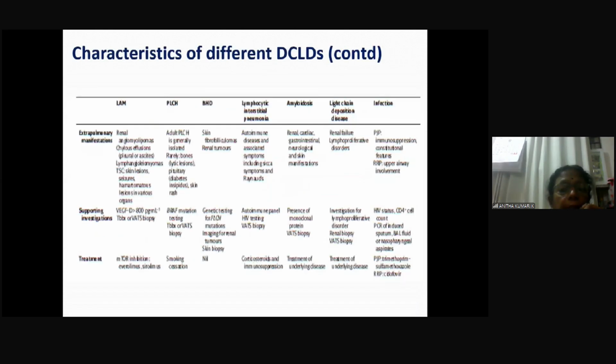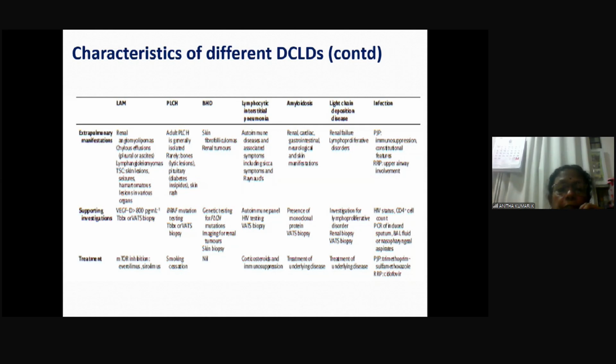And extrapulmonary manifestations for LAM, you have to look out for renal angiomyolipoma, chylous effusions, lymphangioleiomyomas, and other TSC lesions. In PLCH it is generally isolated, but rarely you see lytic lesions in the bone, and pituitary stalk, if it is involved, patient can have diabetes insipidus.